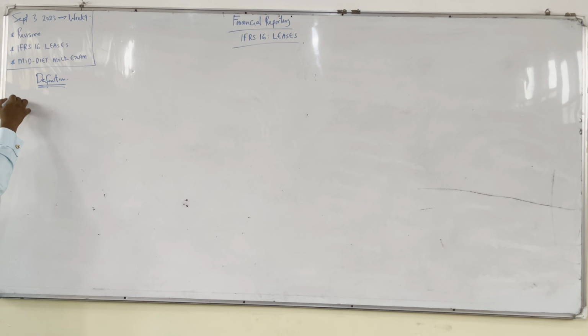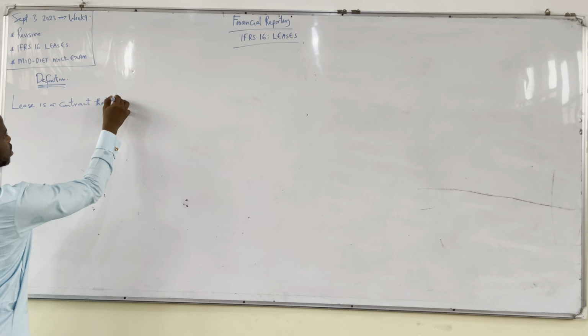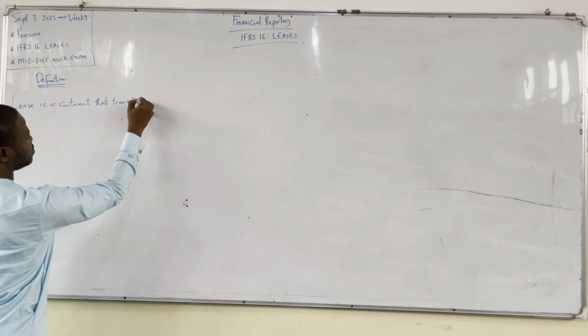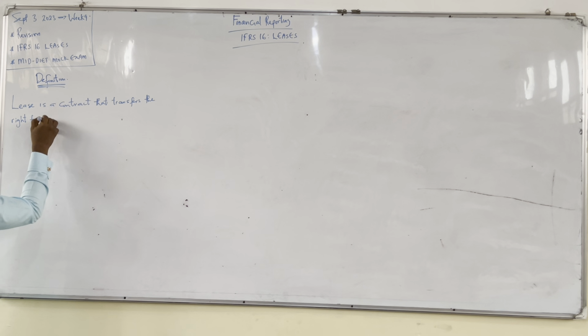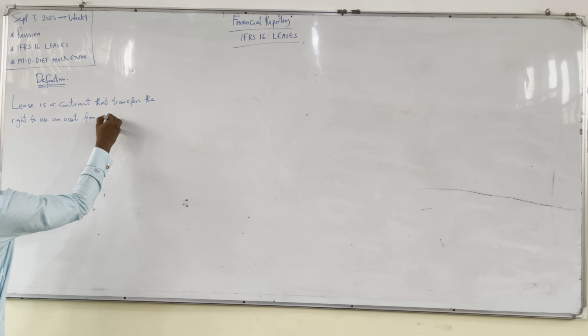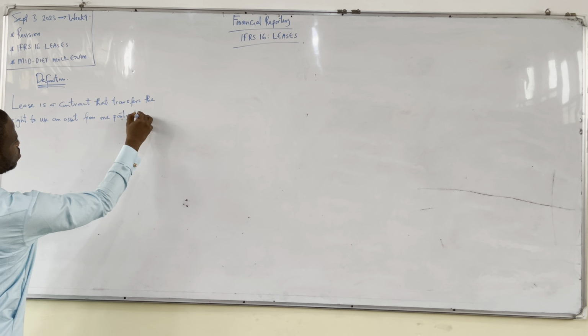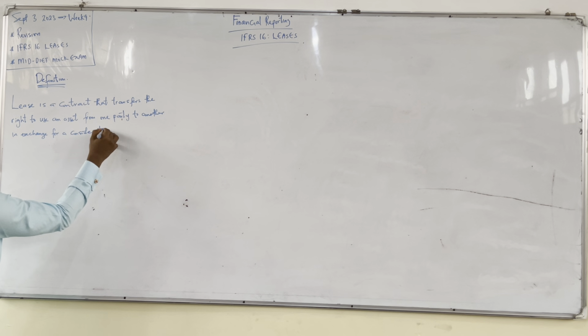IFRS 16 says that a lease is a contract that conveys or transfers the right to use an asset from one party to another in exchange for a consideration.